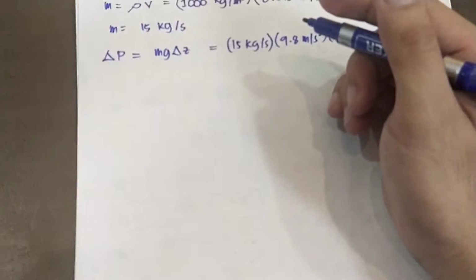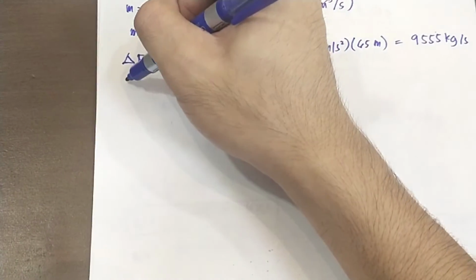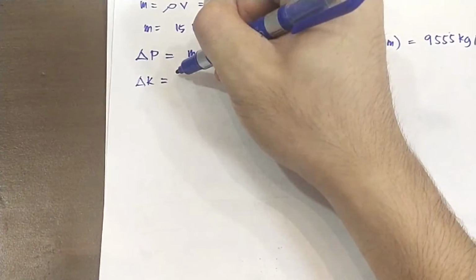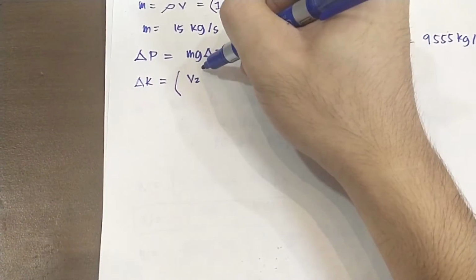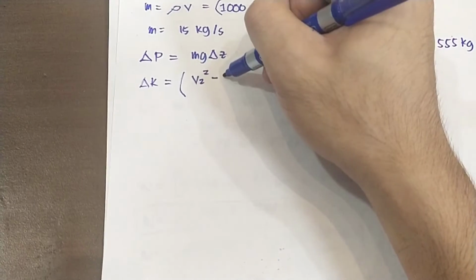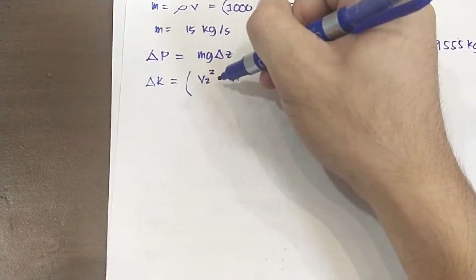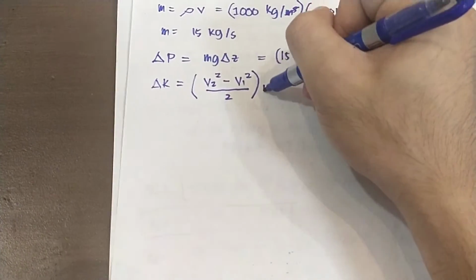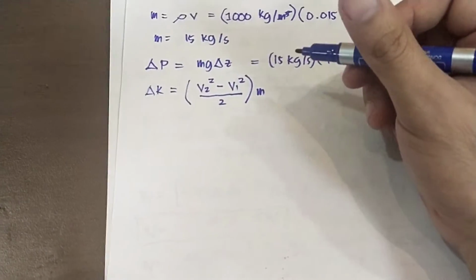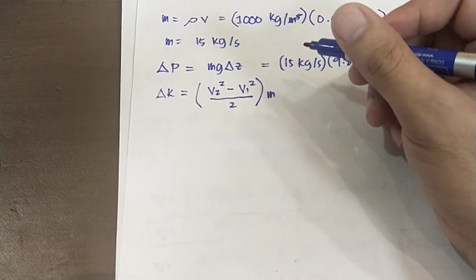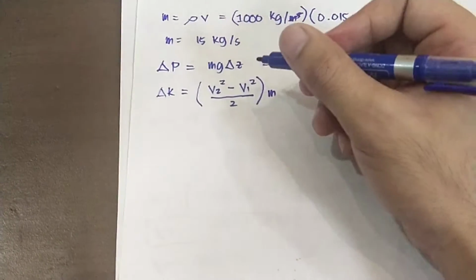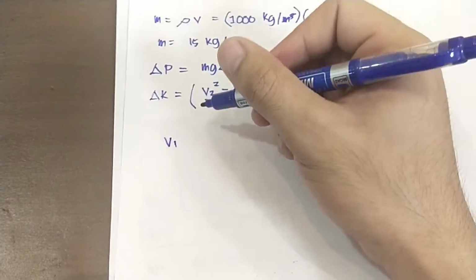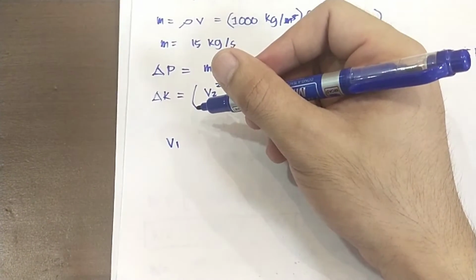Let's go now to find our change of kinetic energy. The change of kinetic energy is equal to V2 squared minus V1 squared, all over 2, times our mass. So we have to find out our V2 and V1.